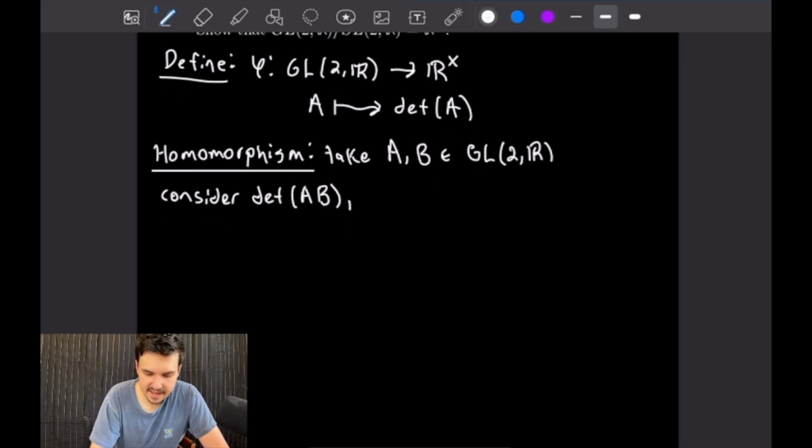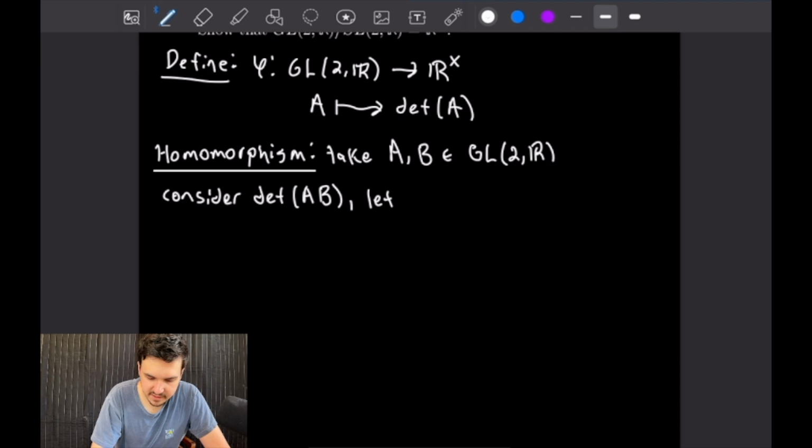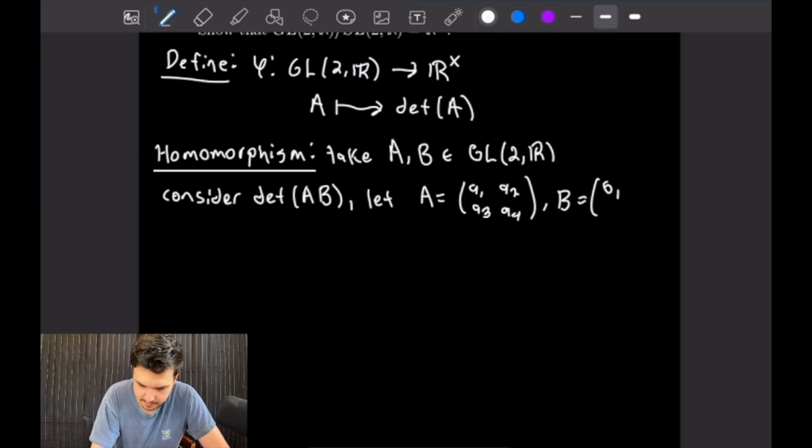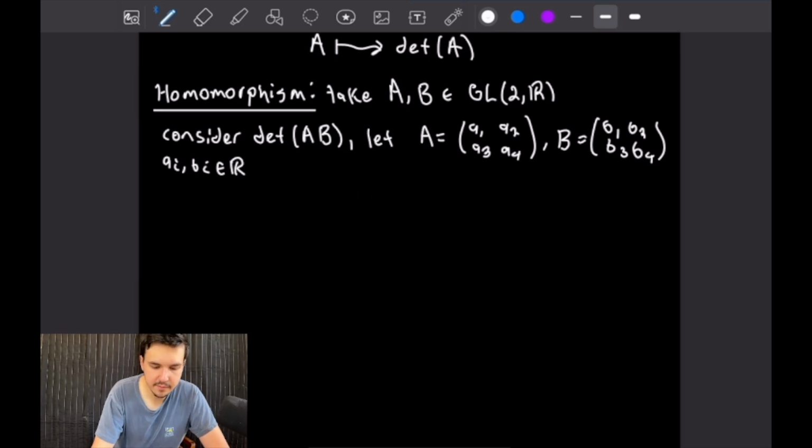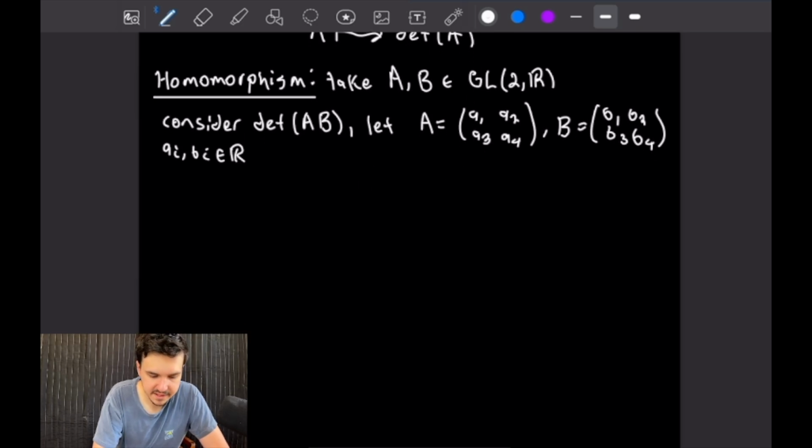And let's just go ahead and let A be represented in the following way, where A is equal to A1, A2, A3, and A4. And similarly, B is represented by B1, B2, B3, and B4, with our Ai and Bi being real numbers. So then let's first look at A times B here.